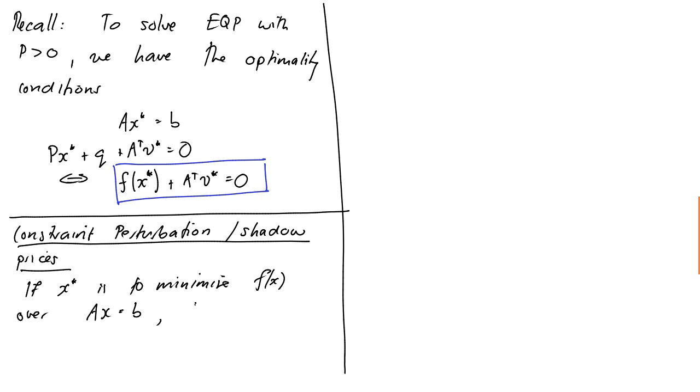I'm just dealing with the equality constraint case for now. Then the gradient of f at x star must be orthogonal to the null space of A.